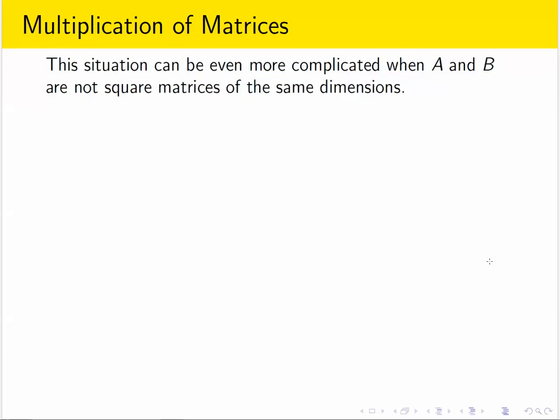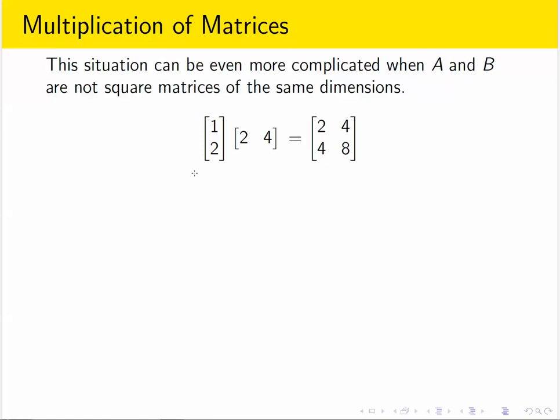In fact, if the matrices are not square matrices of the same dimension, even more things can go wrong. For example, if I have this matrix with just one column, 1, 2, and a matrix with just one row, 2, 4, and I multiply those together, I'll get a 2 by 2 matrix.